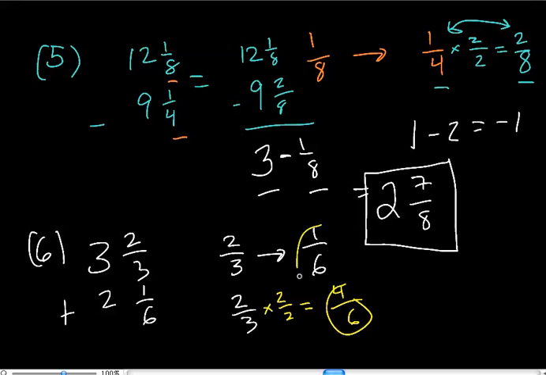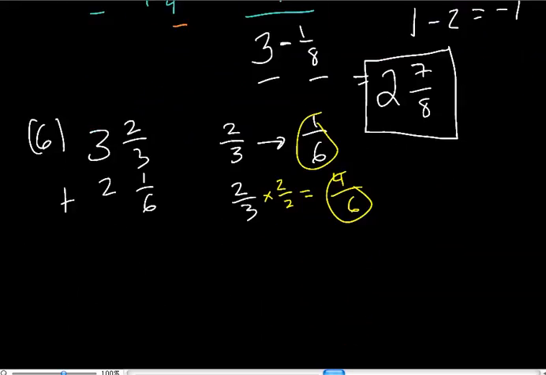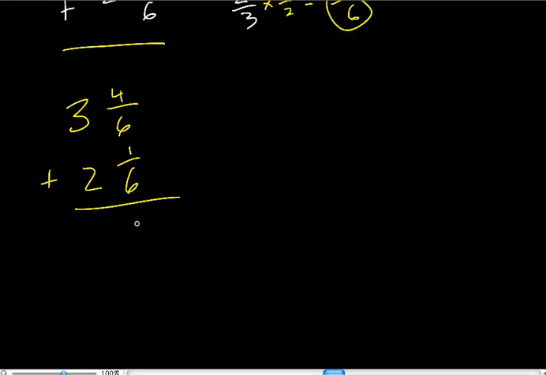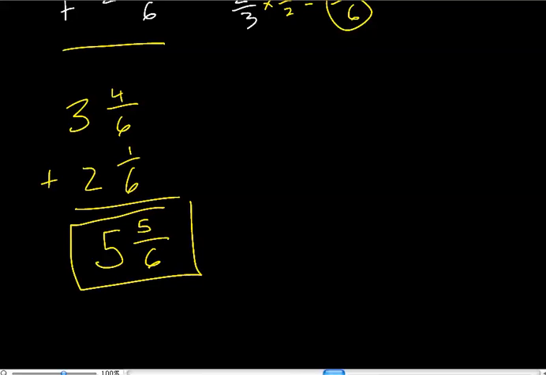Now we can add these two fractions. It's good to go. So this equation will become 3 4/6 plus 2 1/6. The two sixths added together will give us 5/6, and the 3 plus 2 is just 5. So the answer is 5 5/6.